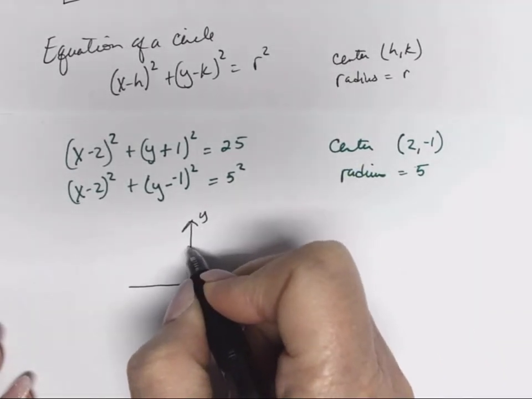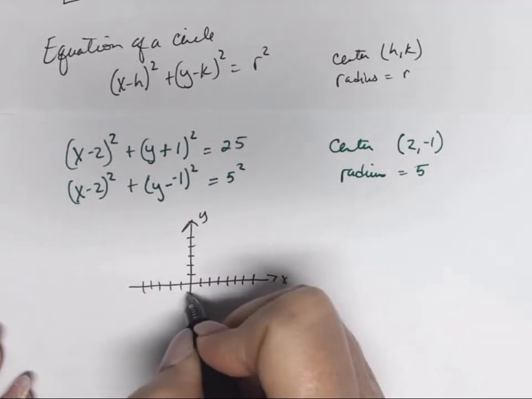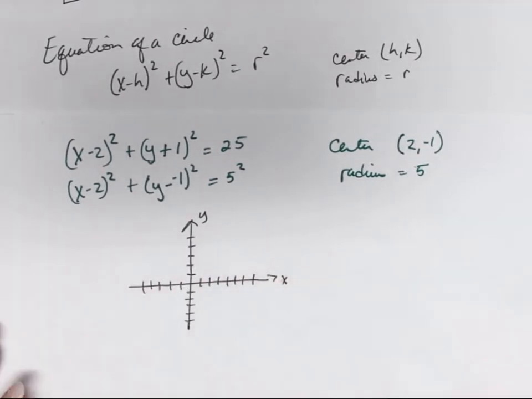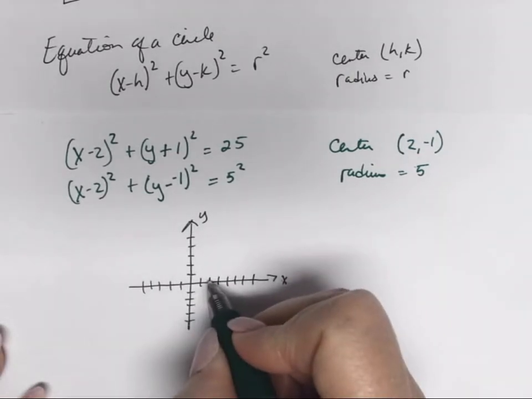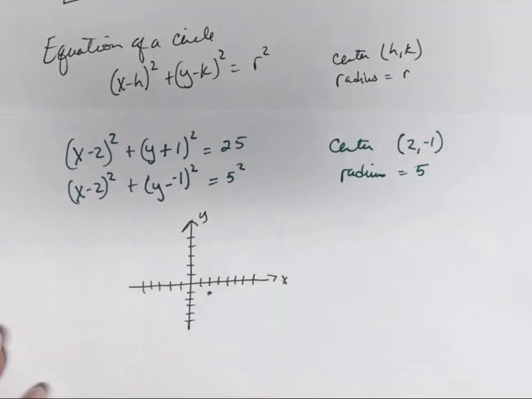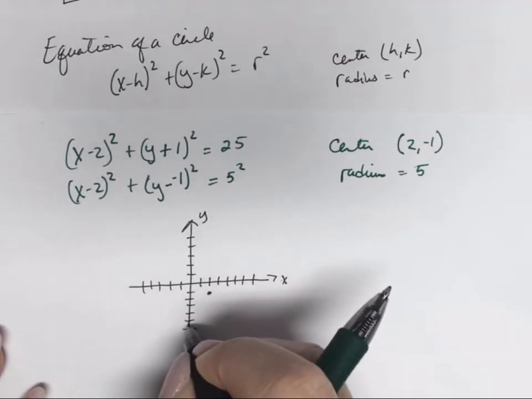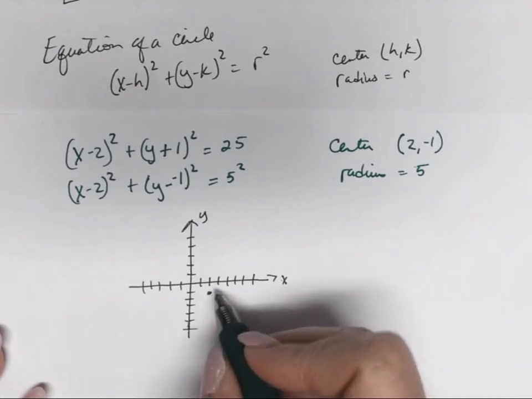1, 2, 3, 4, 5. 2, 3, 4, 5. 4, 5. All right, so if our center is at positive 2, negative 1, I'm actually going to need a sixth one down here because we're going to go down 1. Now what I'm going to do is count over 5 from there.